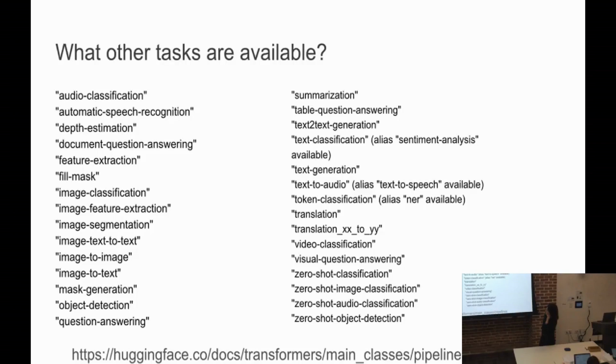Feature extraction, anyways, image classification. So a bunch of things about images, feature extraction, image segmentation. Mask generation, object detection, question answering, summarization, table question, anyway, so it goes on and on and on. I think these are all of them, the ones that they have right now.